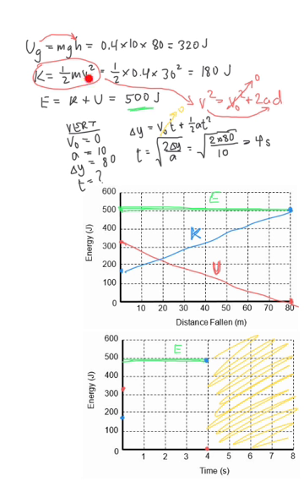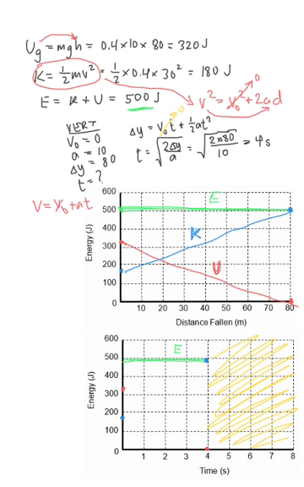Let's take the kinetic energy equation for example. K is proportional to v squared. The equation that shows the connection between v and time is the first kinematics equation, v equals v0 plus at.